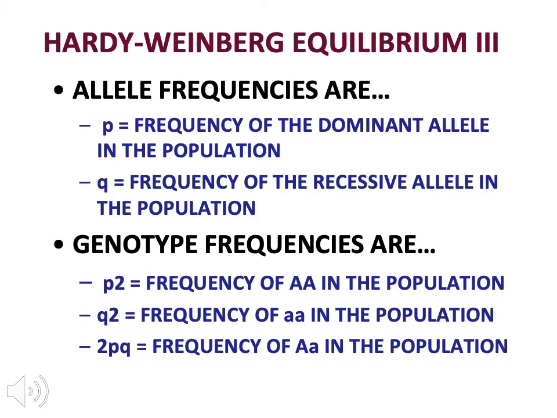If the frequency of the dominant allele in the population is 0.5, that means P squared is 0.25. Similarly, Q squared, Q times Q, is the frequency of homozygous recessives in the population. And then what you have left over is going to be the frequency of heterozygous individuals in the population, individuals that are big A, little a, and that expression is 2 times P times Q.